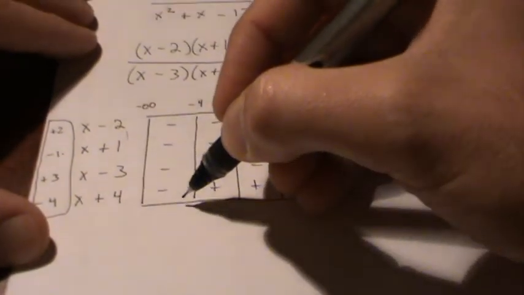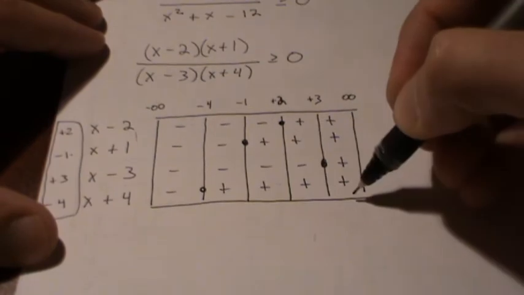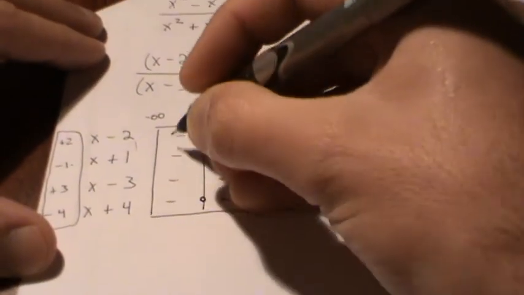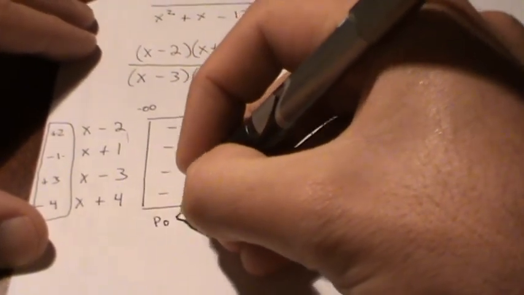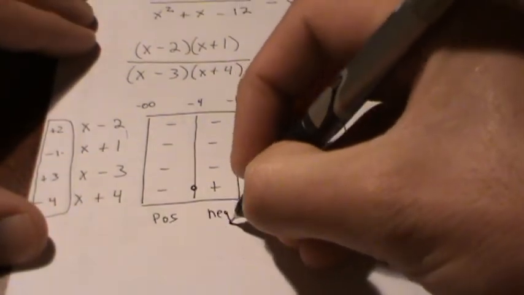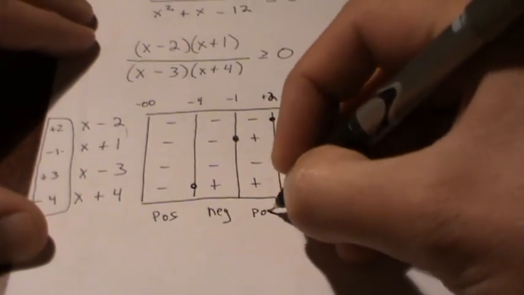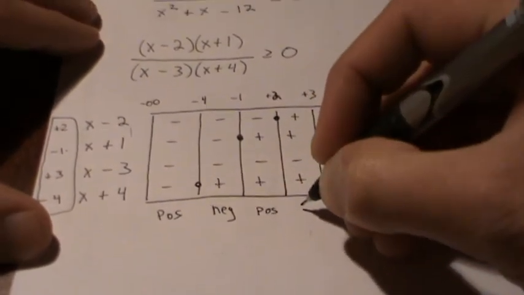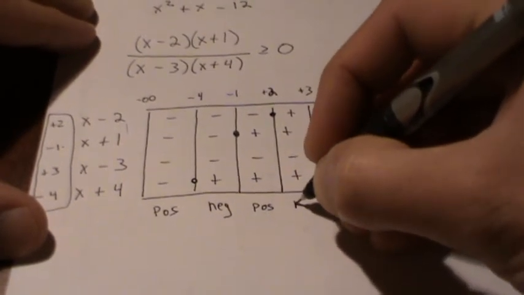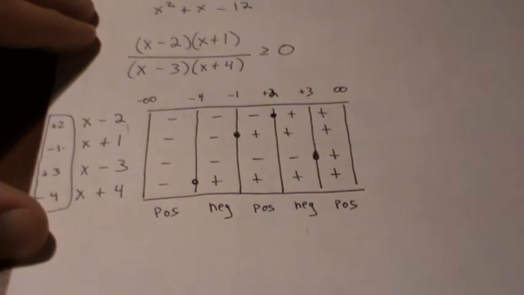And again, now I count up my negatives going down this way. So 4 negatives is a positive, 3 negatives is a negative, 2 negatives is a positive, 1 negative is a negative, 4 positives is a positive.